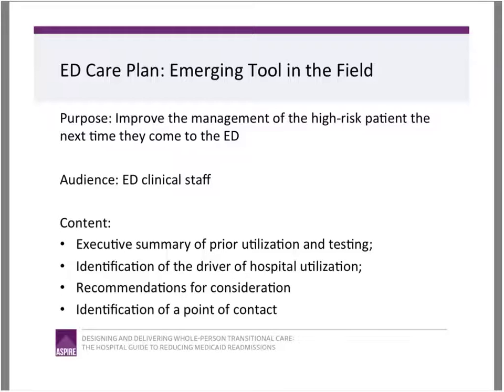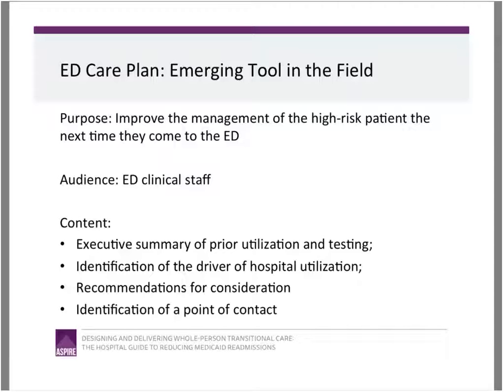So the ED care plan, as an emerging tool in the field, we identified that the purpose of an ED care plan would be to improve the management of the high-risk, usually high-utilizing patient the next time they come to the emergency room.